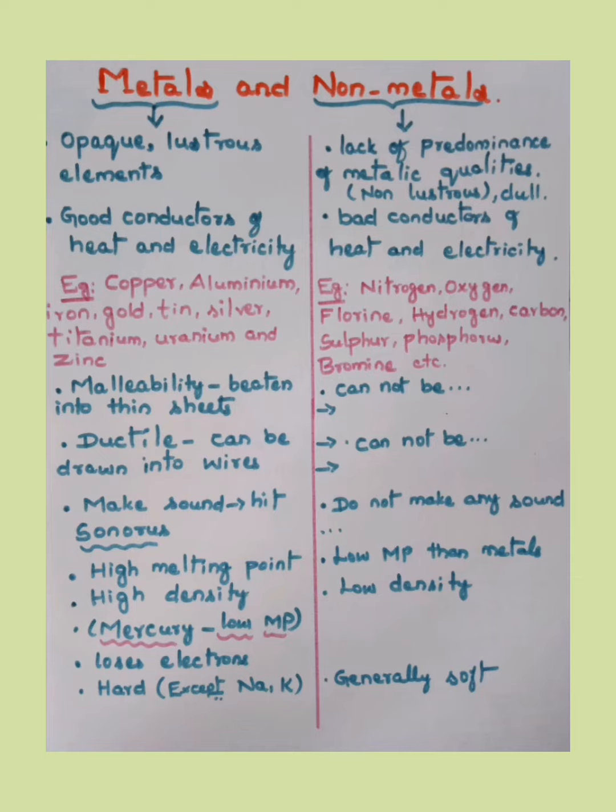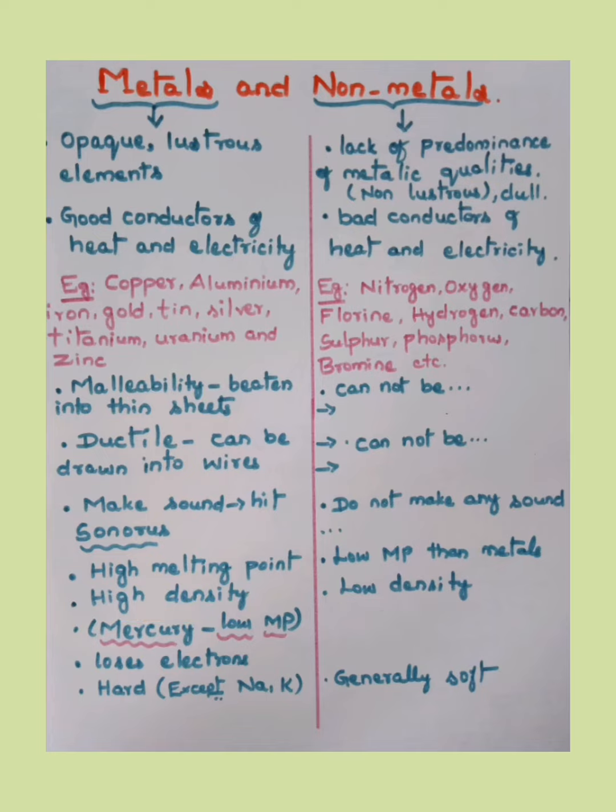Moving to melting point, metals generally have a high melting point except mercury. Mercury has a low melting point. Non-metals have a lower melting point than metals. Moving to density, metals are denser in nature, whereas non-metals have low density.